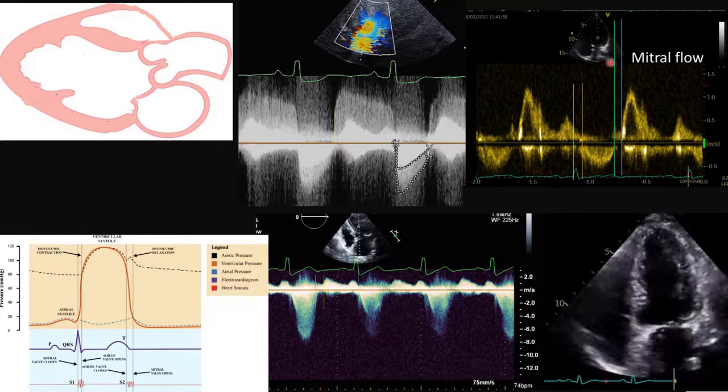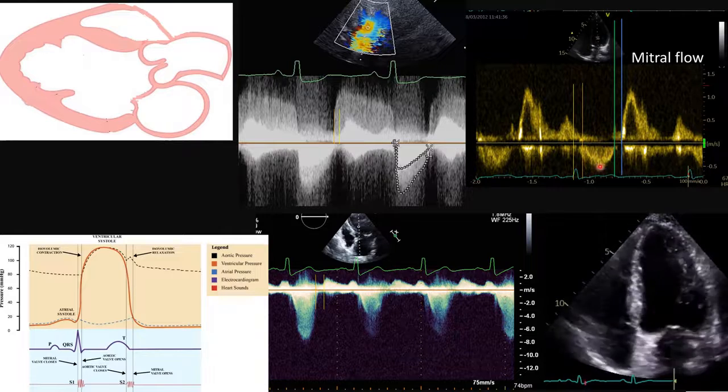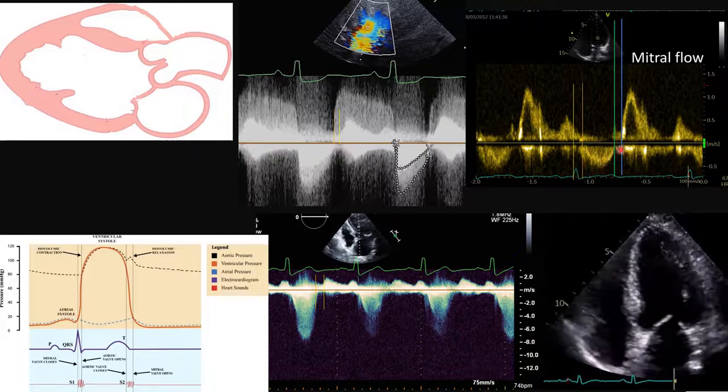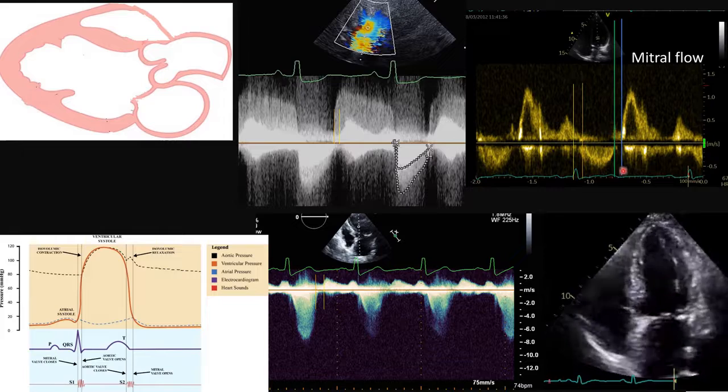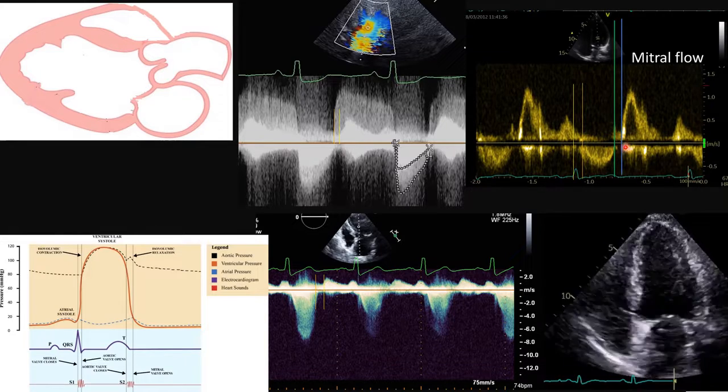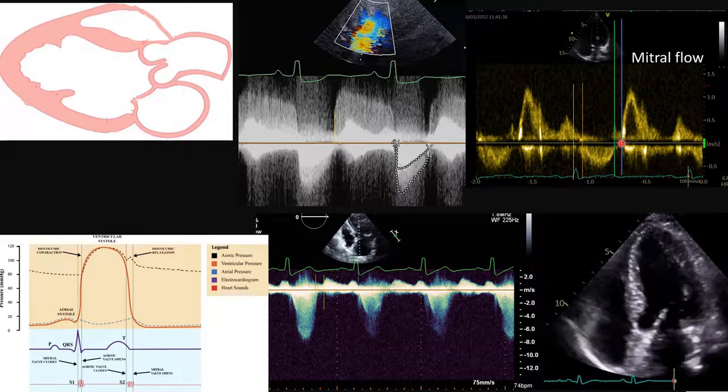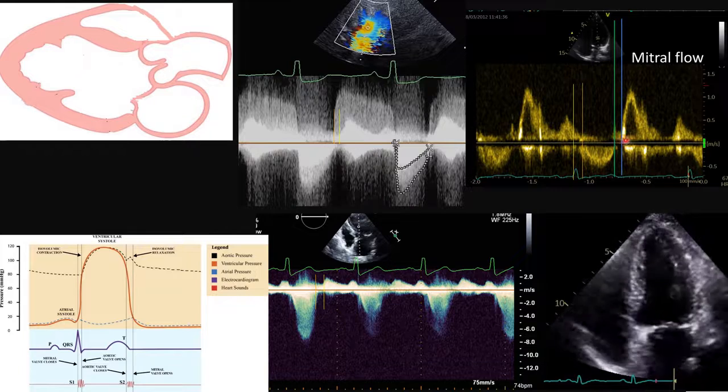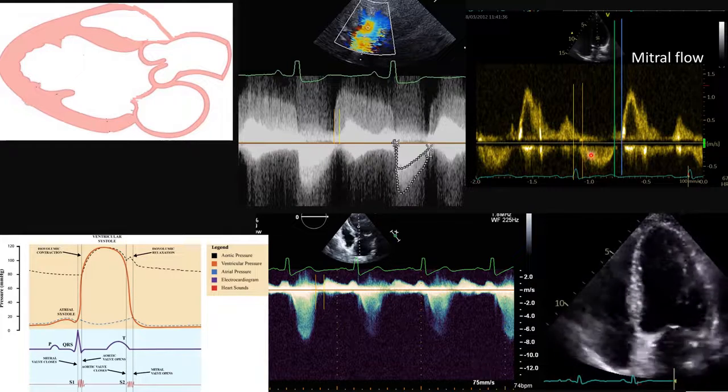Here on the pulse Doppler, this belongs to the LVOT. When the LVOT is finished, blood doesn't go. End of the systole and starting of the diastole. Here we have isovolumetric relaxation time.